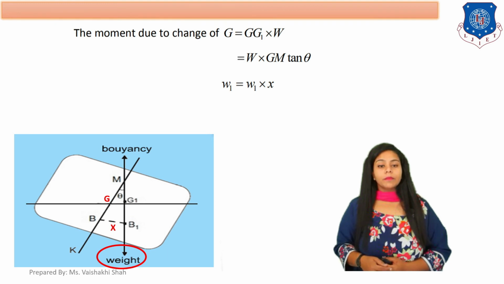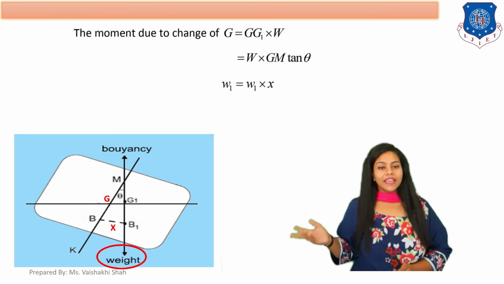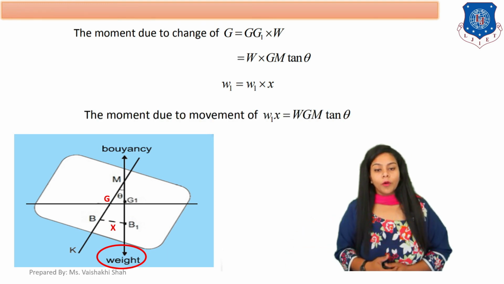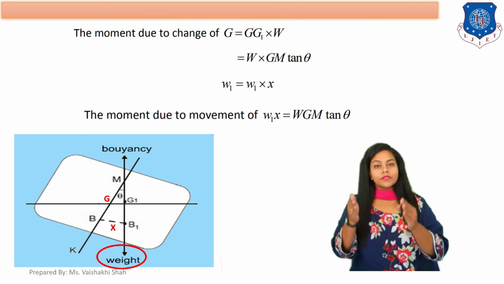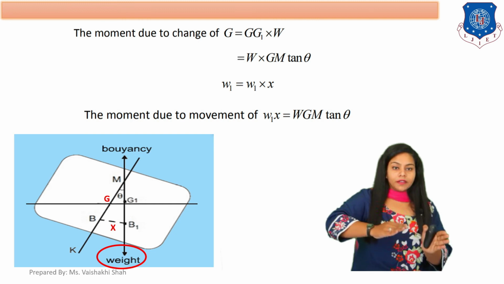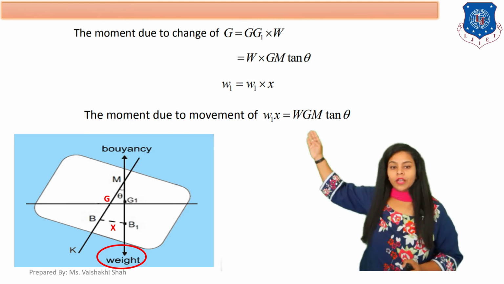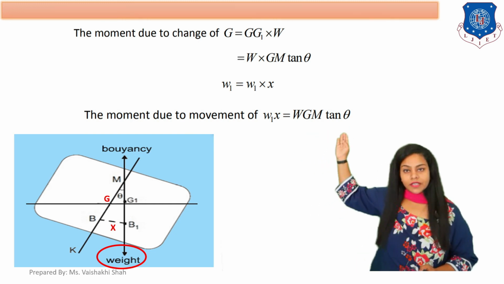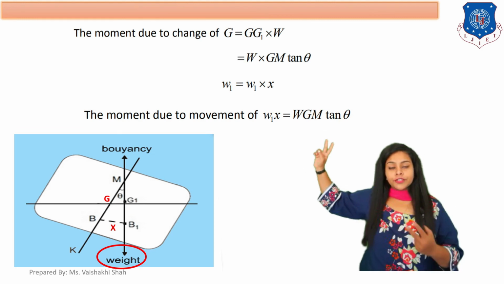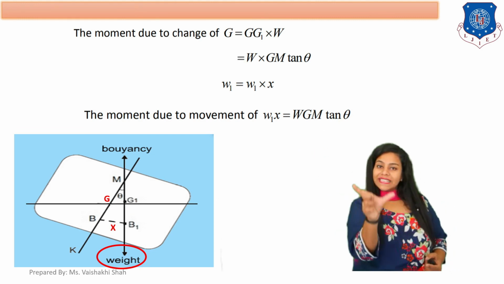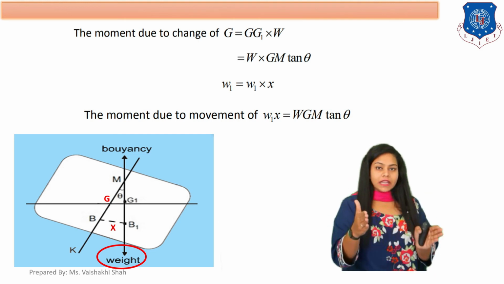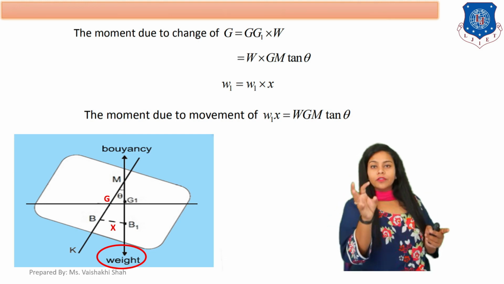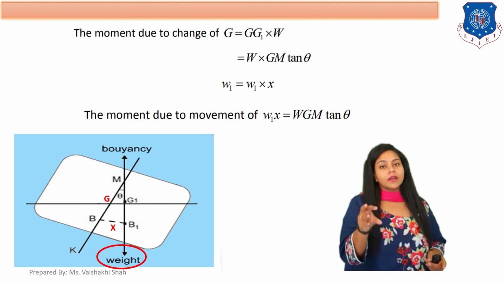So the moment due to the shifting of the center of gravity is W into GM tan theta, and the second is due to the shifting of the weight. The distance between the old normal axis and the weight is x, and we know the amount of weight, which is W1.